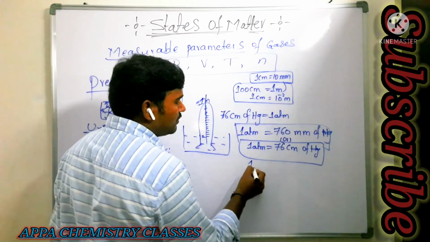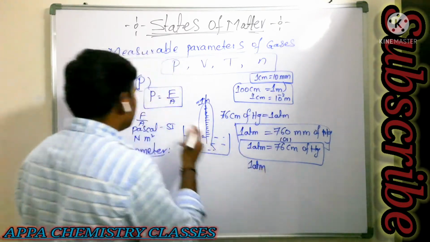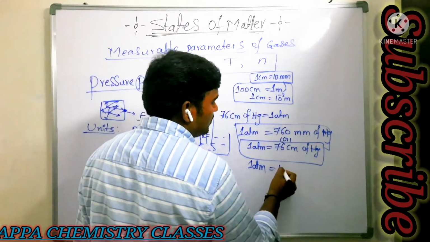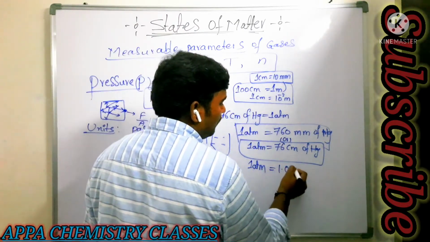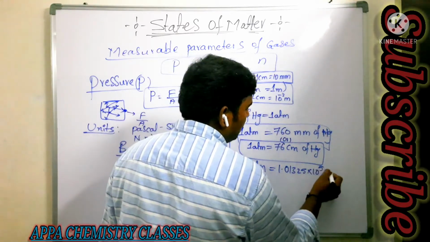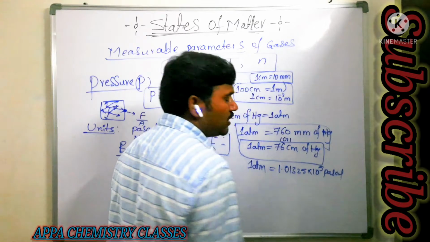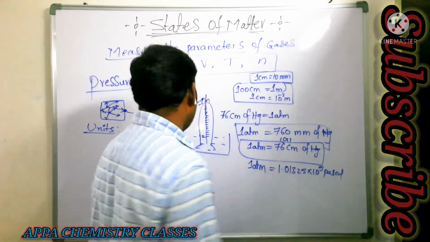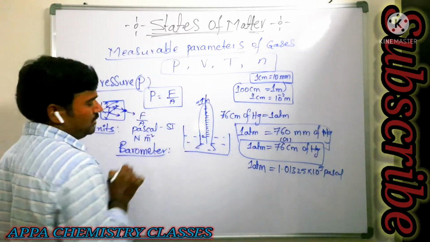Just now we saw it in terms of pascals. 1 atmosphere is equal to 1.01325 into 10 power 5 pascals, or Newton per meter square.